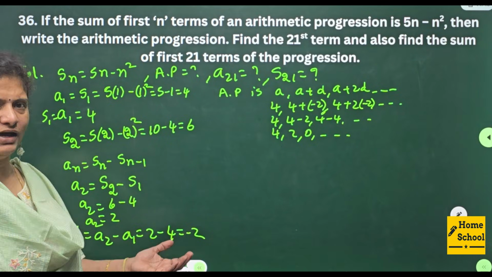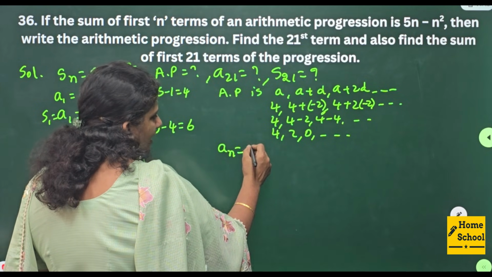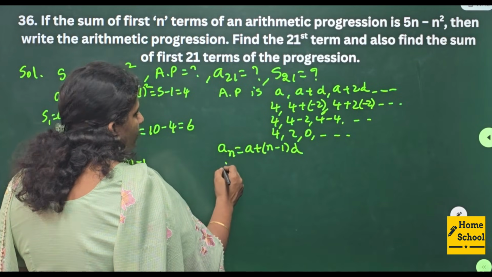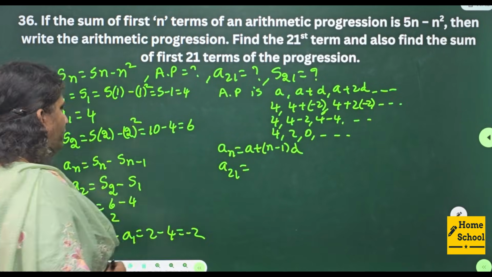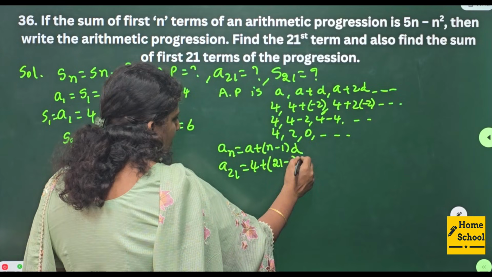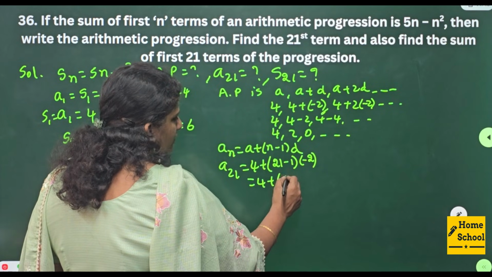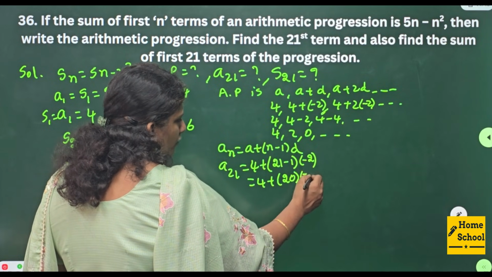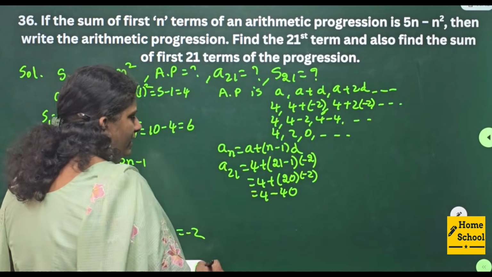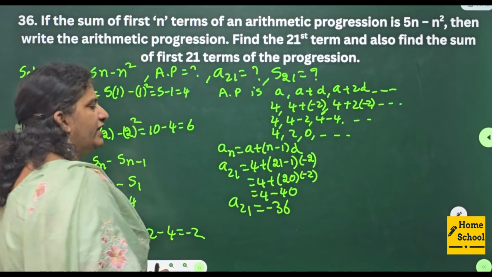We know A and D. Can't we find A21? We can. So we know the An formula. An is equal to A plus n minus 1 into D. A21 is equal to, A value is 4, n value is 21 minus 1, D value is minus 2. 4 plus 21 minus 1 is 20 into minus 2. 4 minus 2 twenties are 40, that is 4 minus 40. Minus 36 is your 21st term.